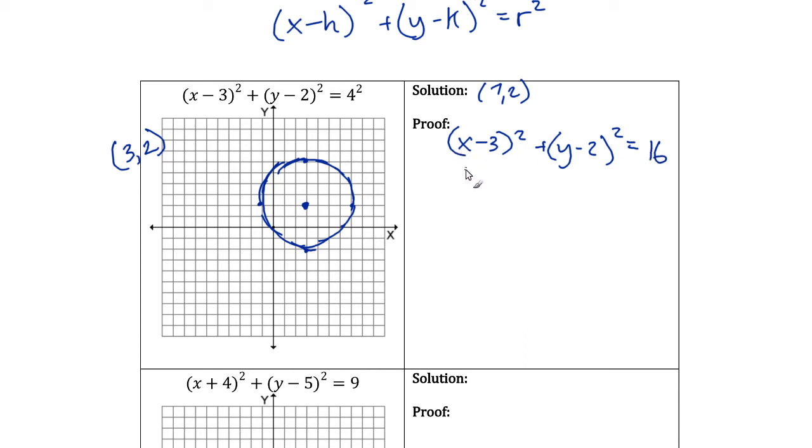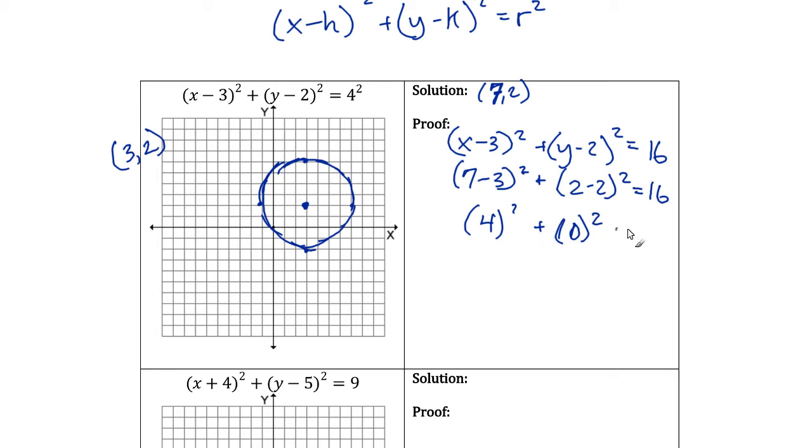So instead of x, I'm going to put 7 minus 3 squared plus 2 minus 2 squared should give me 16. 7 minus 3 is 4. Plus 2 minus 2 is 0. We know that 4 squared gives me 16 and 0 squared gives me 0. Of course, we end up with 16 equals 16. The left side is in fact equal to the right side.